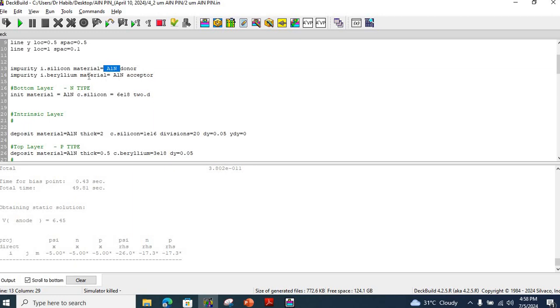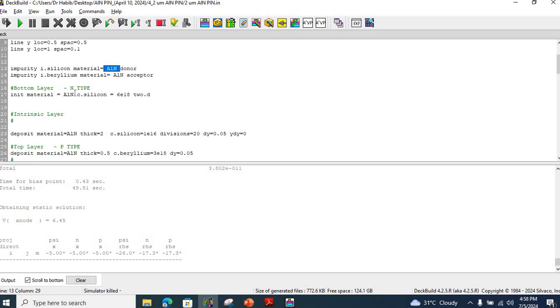And this is what worked for our group at Georgia Tech as well. I'm talking about Dr. William Allen Doolittle's group. We experimentally achieved N-type aluminum nitride with silicon doping, and we achieved P-type doped aluminum nitride using beryllium doping.